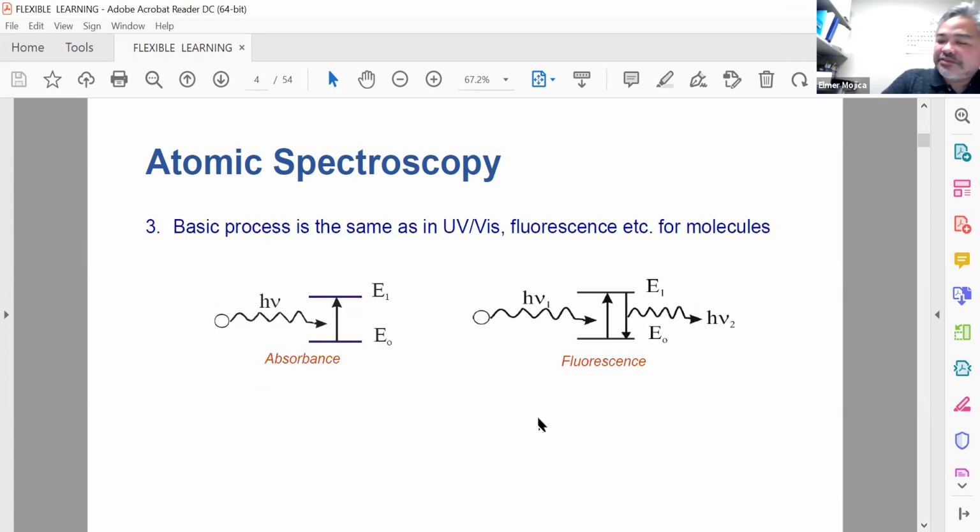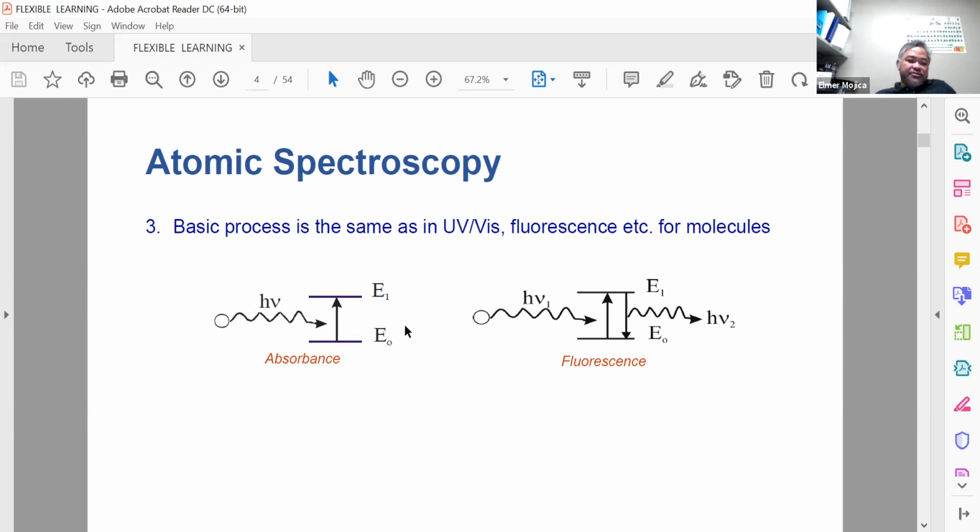Now, the basic process of atomic spectroscopy is the same as in UV-Vis and fluorescence that was mentioned for molecules. You have light interacting with your sample, at the atomic level. There is absorbance, the absorption of energy, forcing the atom to go from a lower to a higher energy level.